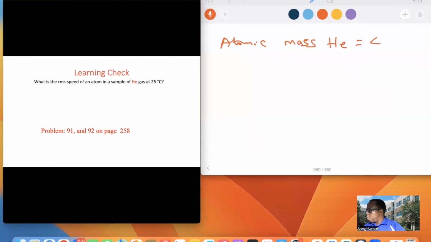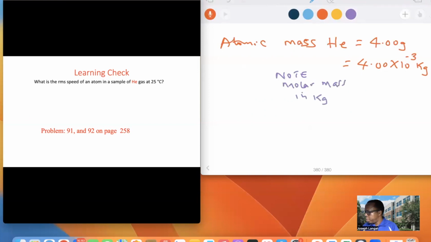And this will be 4.00 grams, which is the same as 4.00 times 10 raised to negative 3 kg. I just changed that to kilograms. Remember to change the mass into kg. Note: molar mass in kg, which is this one right here.